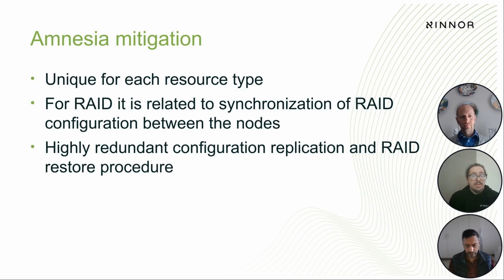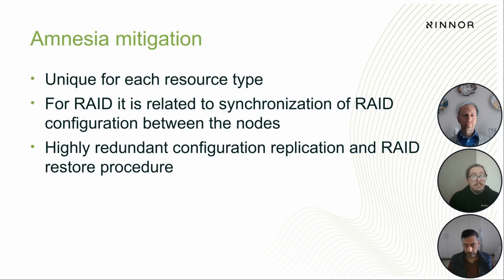And in order to mitigate amnesia, usually more resource type specific things are required. In our case, because we are talking about RAIDs, the data which is vulnerable to amnesia is the RAID configuration, which is local to the RAID software instance.